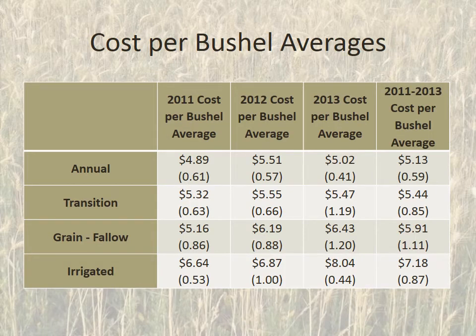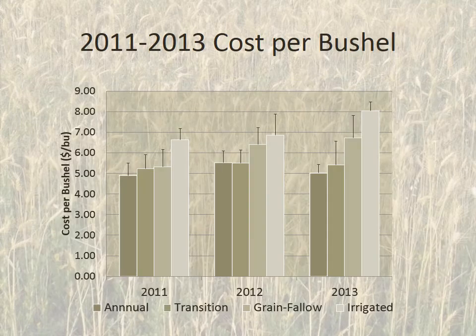So the next one I looked at was cost per bushel. This table's sort of overwhelming, but what I did was I tested each year separate from each other, and then I tested overall. So here's the data in a slightly more visible figure.